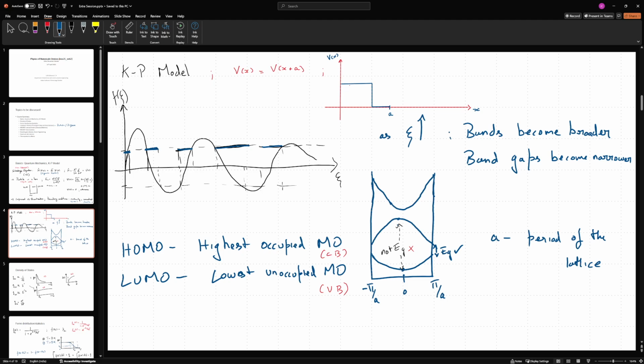We have some V naught from 0 to some point b, and then from b to a we have V of x equal to 0. This was the kind of potential that we considered, and of course this repeats with this relation, V of x is equal to V of x plus a.